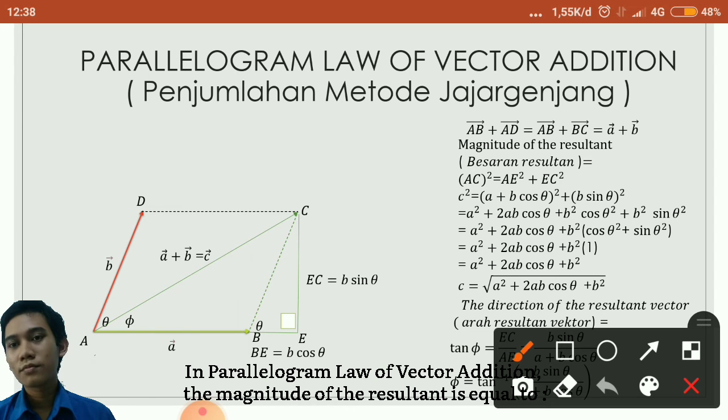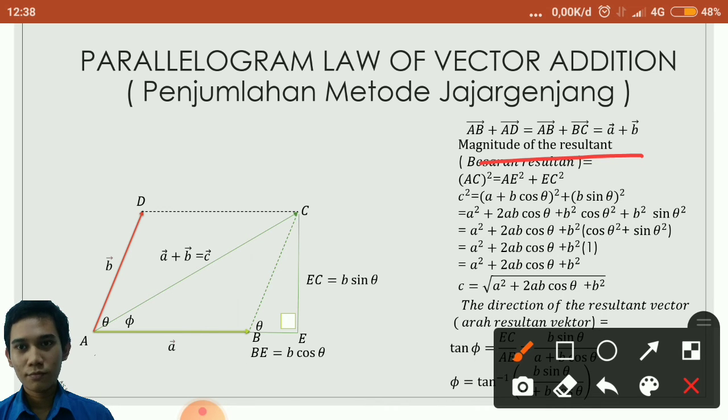In the parallelogram law of vector addition, the magnitude of the resultant, or besaran resultant, is given by AC squared equals AE squared plus AC squared.